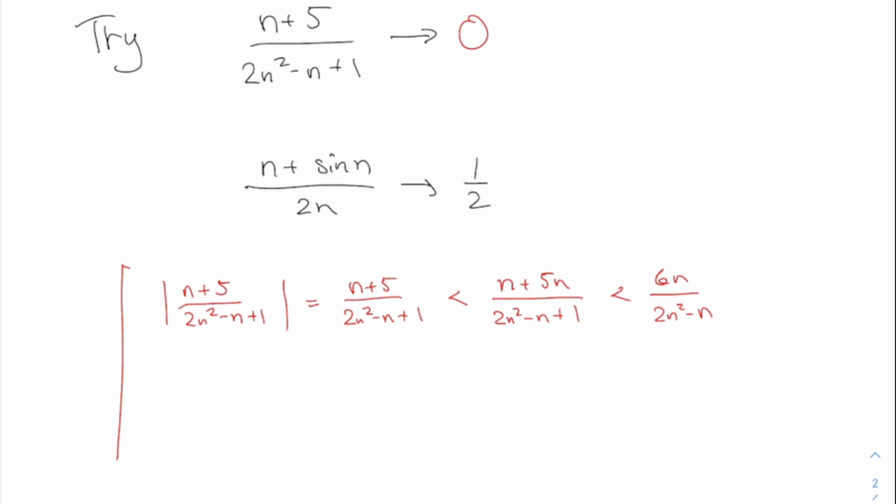But the point is the sign is less than. That's right, the sign.